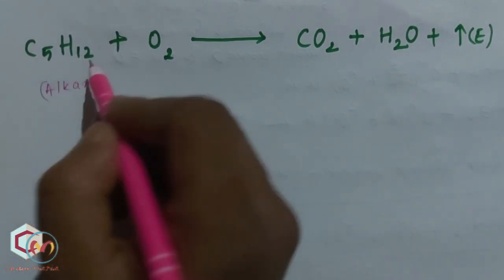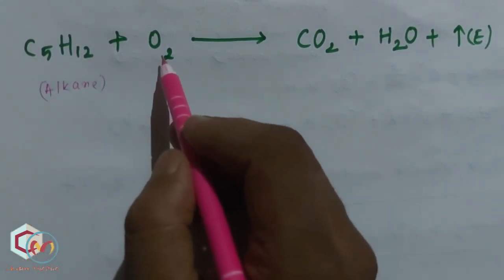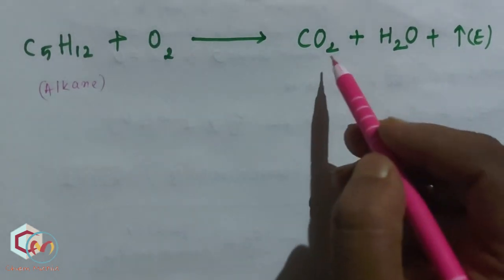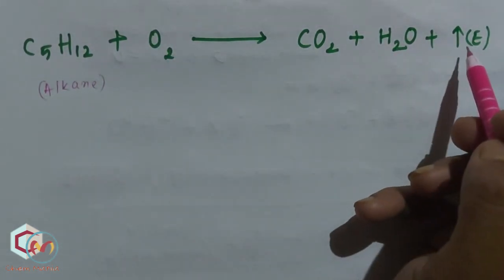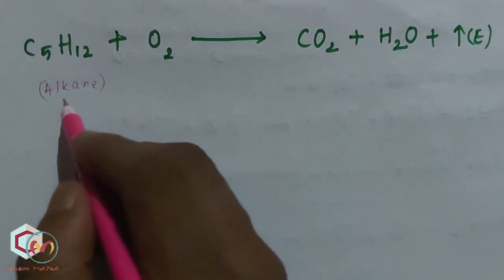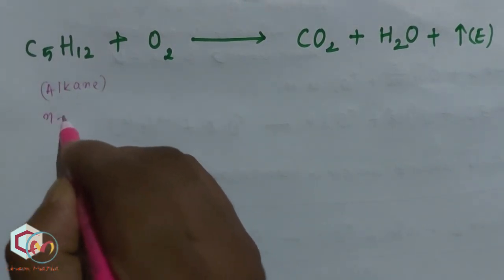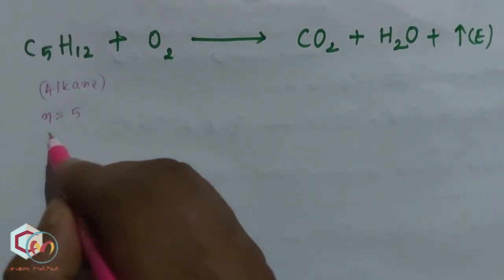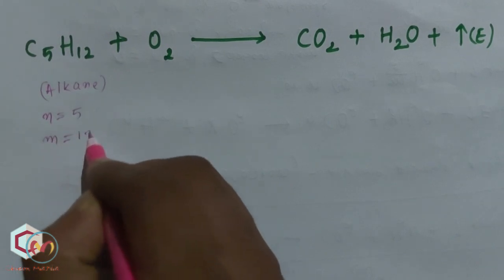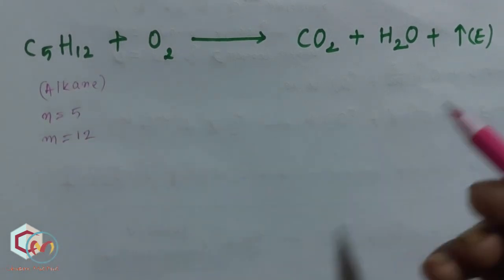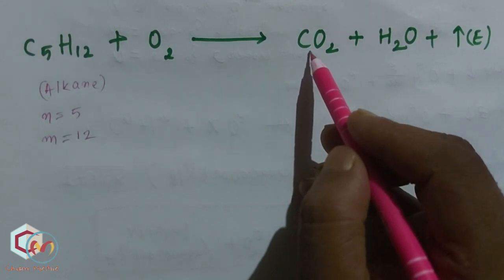C5H12, whenever it reacts with oxygen, combustion occurs, so CO2 and H2O are released with energy. So here the number of carbon atoms, n, is equal to 5, and the number of hydrogen atoms is 12. First we will balance the CO2.